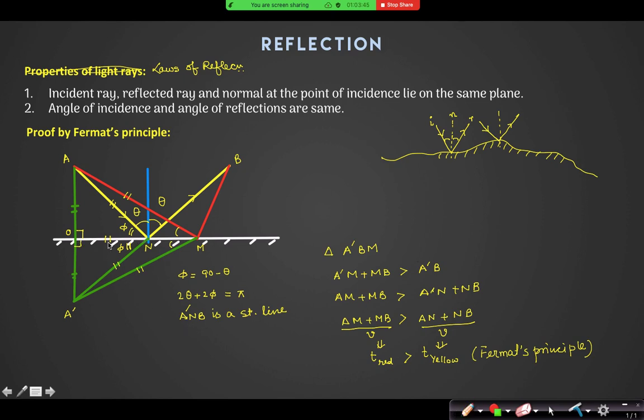This A prime N is equal to AN, I have told. Line ON, yes. That length is equal with the length of which line? ON is equal to which line? ON, I have not used the length ON anywhere.